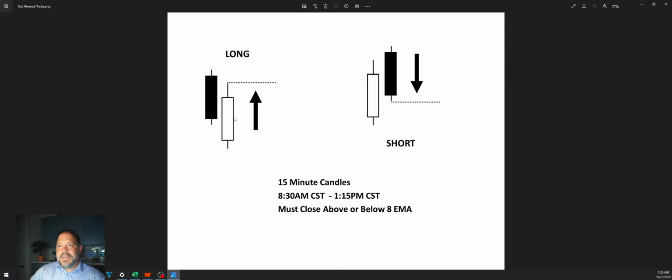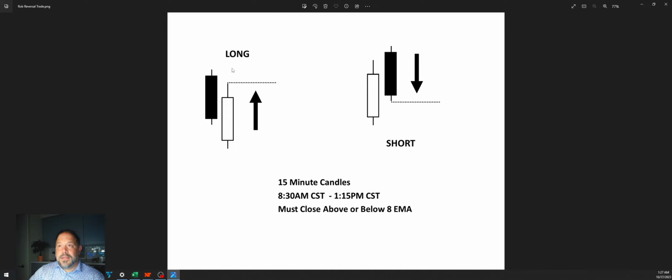We're looking for the second 15-minute candle to open underneath the first candle. Right here, this candle would have to open underneath here. So we're getting some movement downwards and some movement back up. It has to close anywhere within the wick or the body of the first candle. Pretty simple. This is for a long.